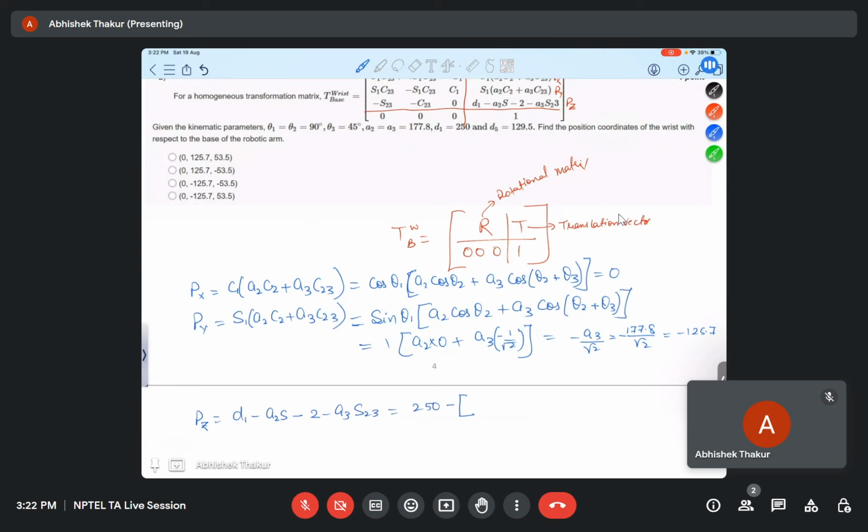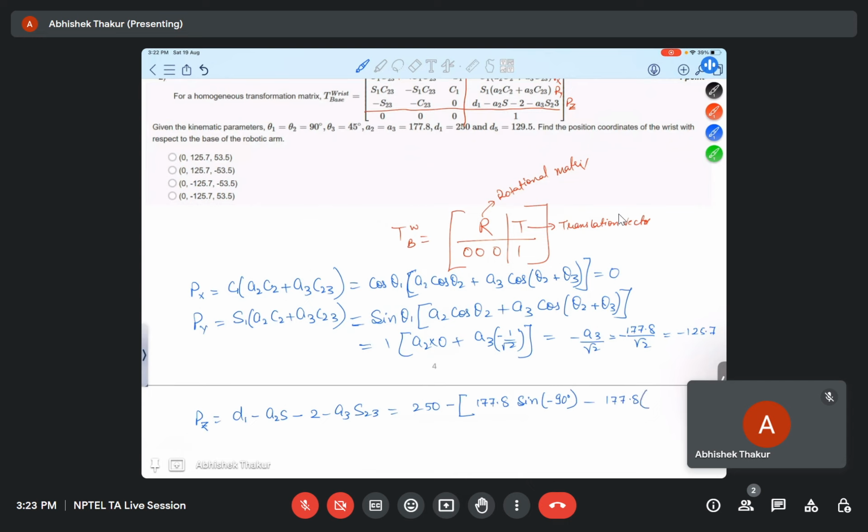So it will become A2. A2 is 177.8. S2 will be sine of minus 90 degree, that is equal to minus 1, minus A3, that is again 177.8 into S23.